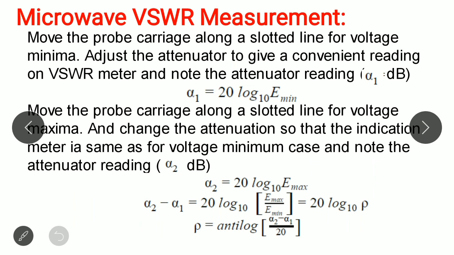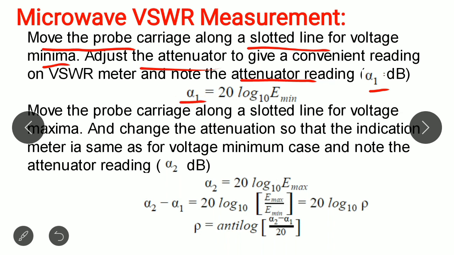Now we are going to move the probe carriage along the slotted line to a voltage minimum and adjust the attenuator to give a convenient reading on the VSWR meter, noting the value of the attenuator, that is alpha 1 dB.